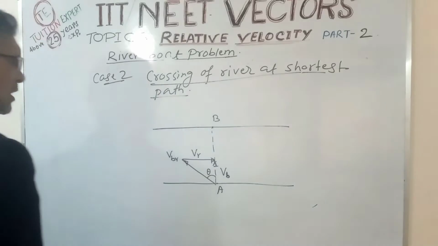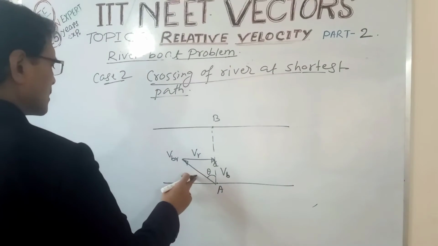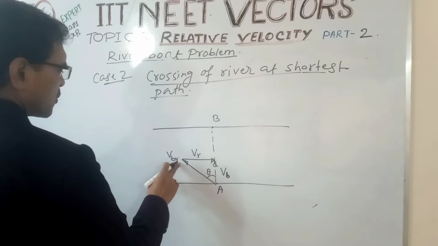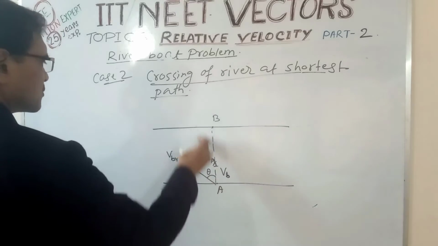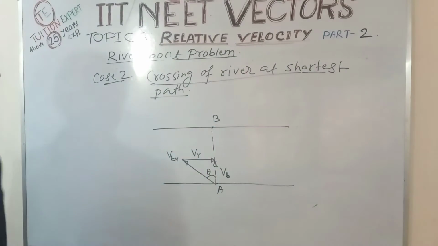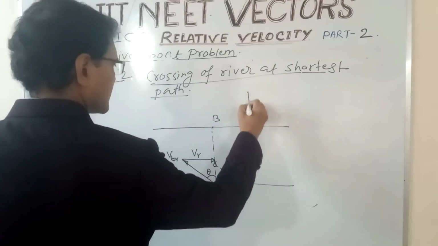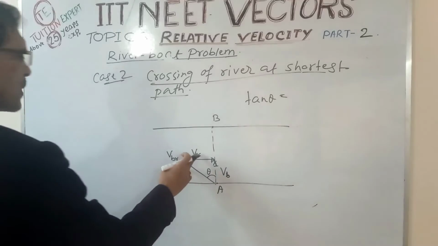Now we have to calculate theta. So at which angle the boat steers such that he crosses the river along the path AB. So from the triangle, tan theta equals perpendicular by base.